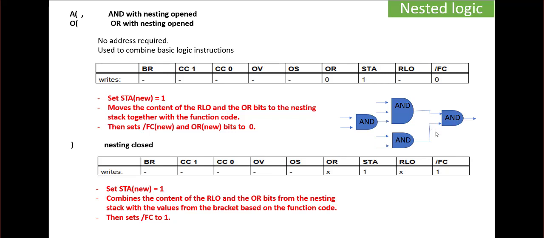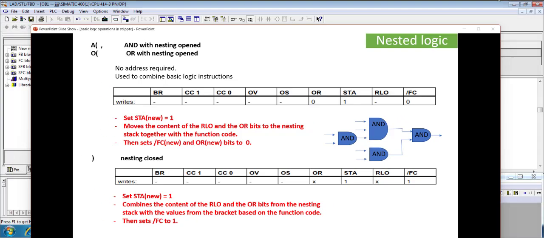So for this branch, we needed to execute this AND instruction inside the branch, and you can keep adding nesting levels according to your need. Of course, your need is determined by the nature of your logic. So you start with a diagram like this, and you then turn it into the nested logic we wrote in our example.